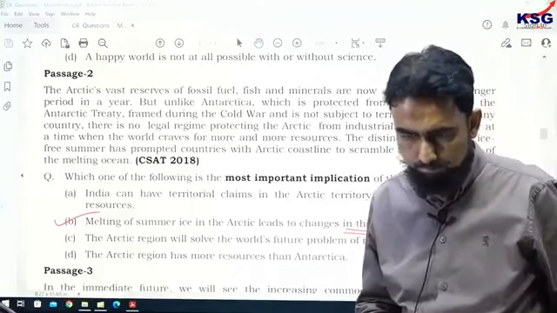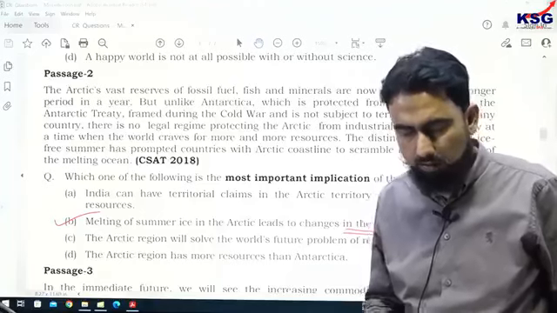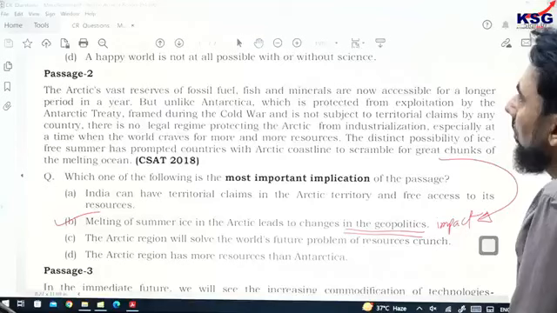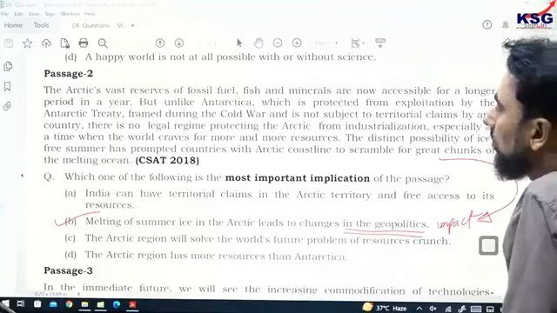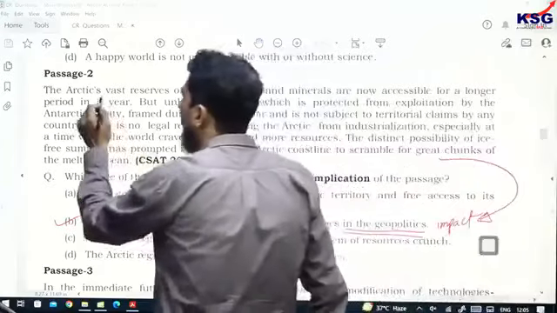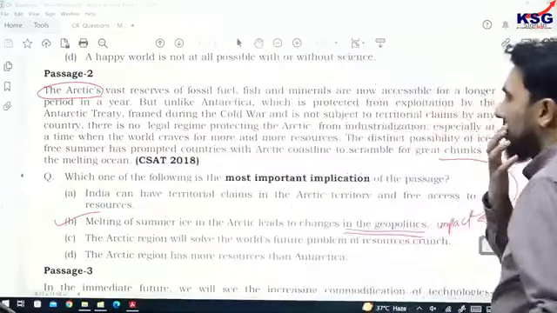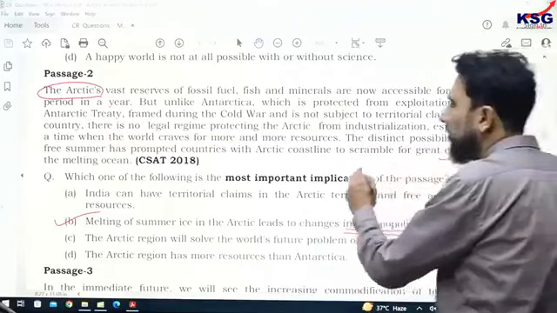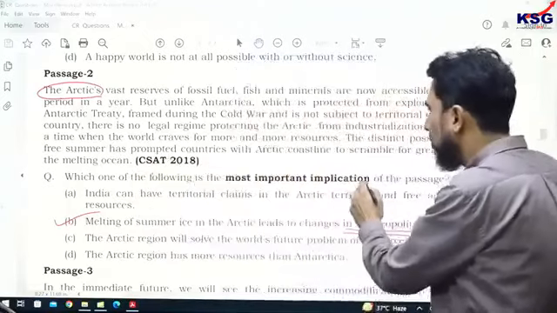Yes, Anis. I'll come to that. You see, it is the first line where author tells you that the author is talking about a particular region, the Arctic region, right? And in the last sentence, the author mentions the distinct possibility of ice-free summer has prompted countries with Arctic coastline.